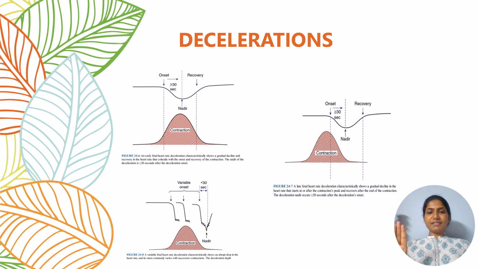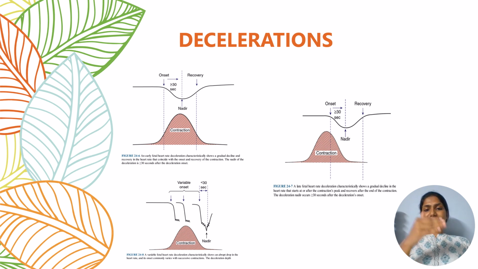So let me talk about a few things which happen in utero when the baby is going into distress. What happens during the second stage or during the active phase of labor? There will be slight head compression. Whenever there is head compression, or slight cord compression which is not lasting for a longer time, the systemic vascular resistance, the peripheral vascular resistance, will increase in the baby.